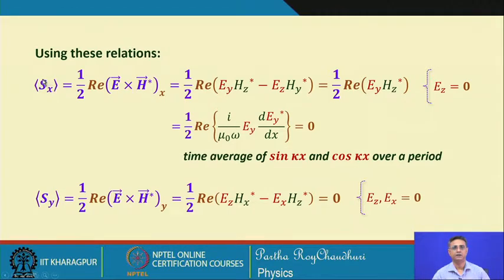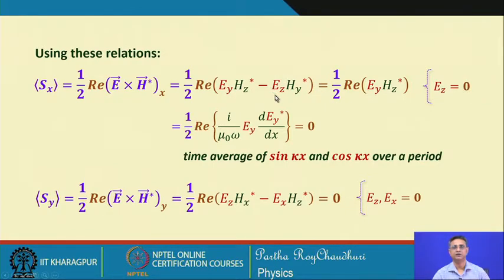So, for the S component of the Poynting vector, that is the Poynting vector which determines any energy flow along the x direction, we need to write this equation in this form: half real part of E cross H star, and the x component of that. So, E cross H star can be written in this form: E y H z star minus E z H y star, but for a TE mode E z equal to 0.